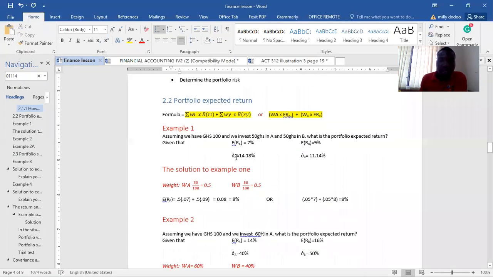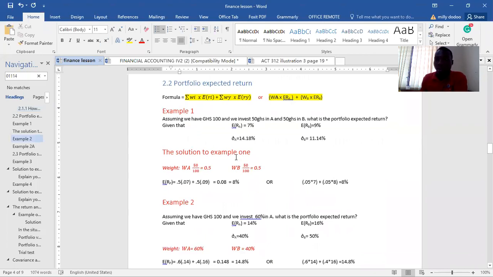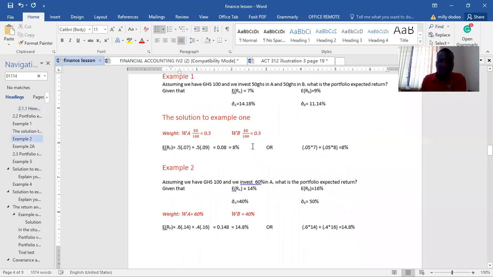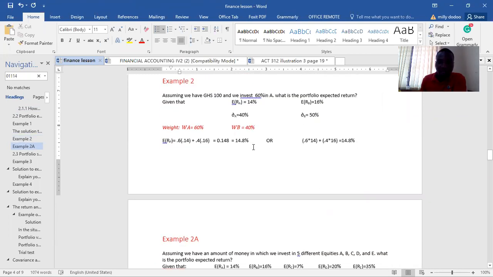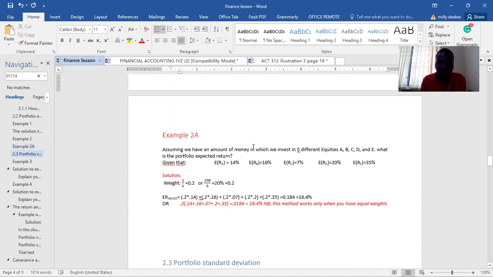And we went ahead and calculated how to determine portfolio expected return. Then we used the same example we were using in the standalone, the amusement park and the ski resort illustration.